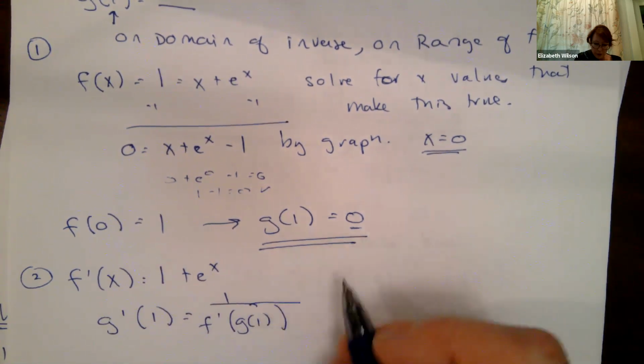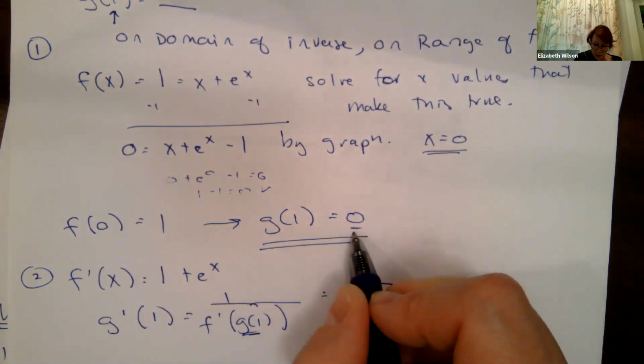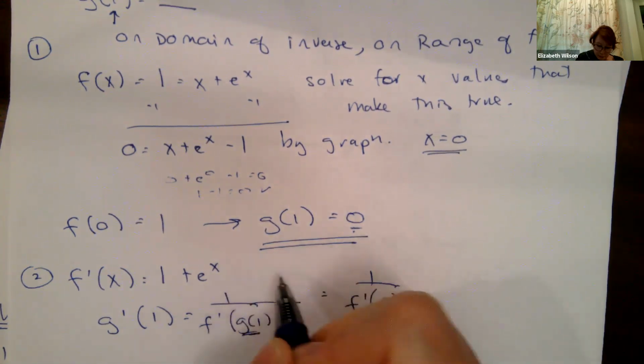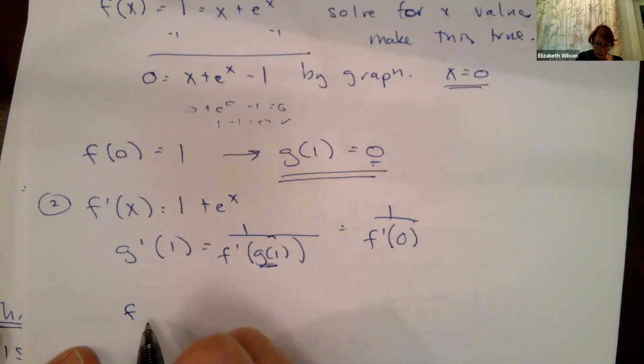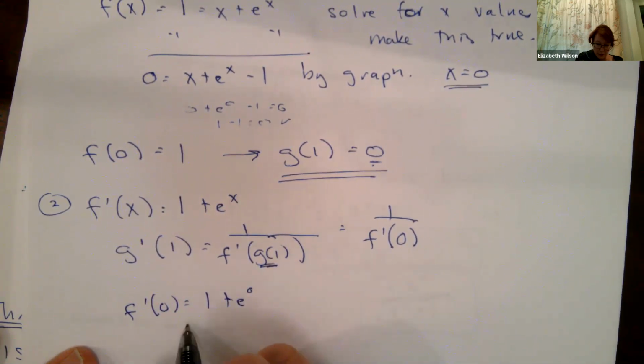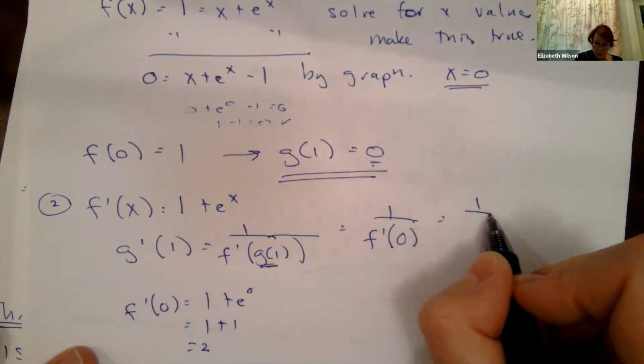G of 1 is equal to 0. So this is 1 over f prime, and I'm going to substitute in this value of 0. F prime of 0 is equal to 1 plus e to the 0, which is equal to 1 plus 1, which is equal to 2. So this becomes 1 over 2.